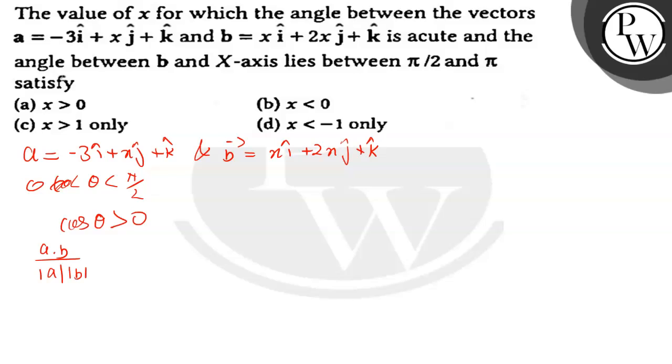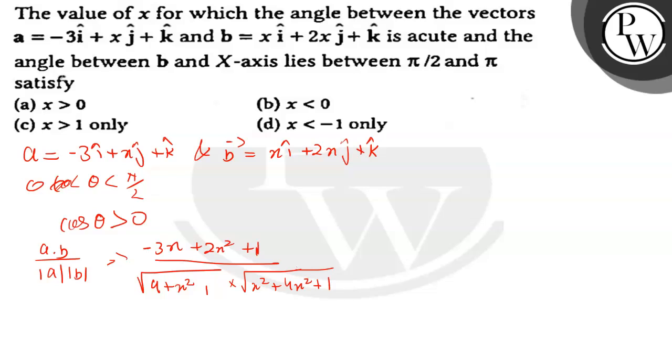Now when we take the dot product of these two, what we get is minus 3x plus 2x square plus 1, divided by mod a. Mod a is root of 9 plus x square plus 1, into mod b, which is root of x square plus 4x square plus 1.